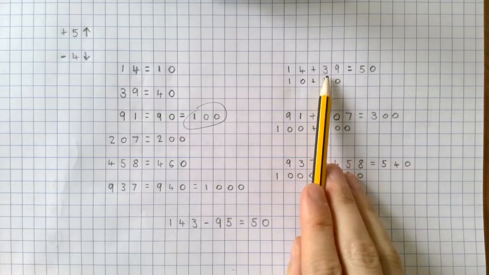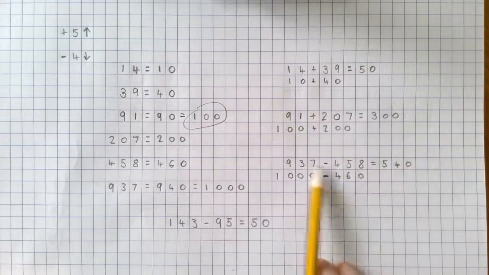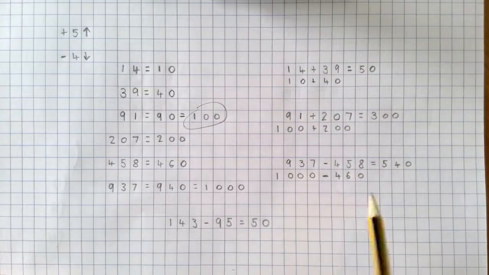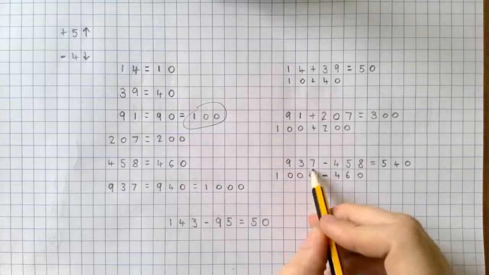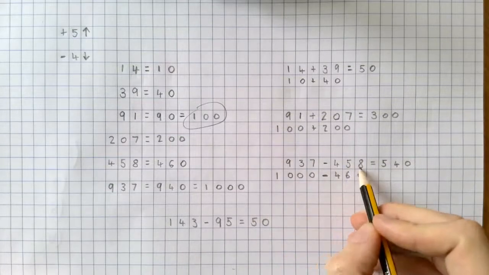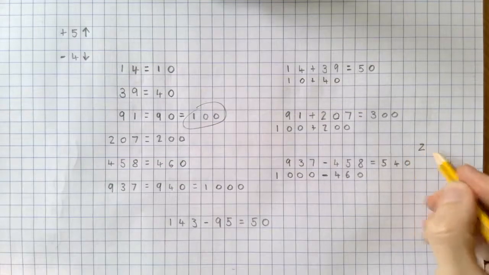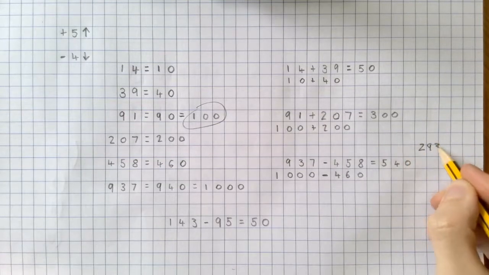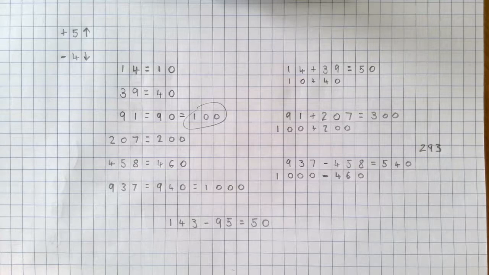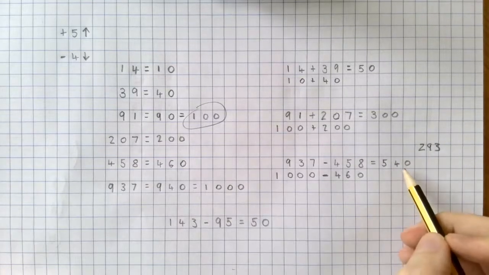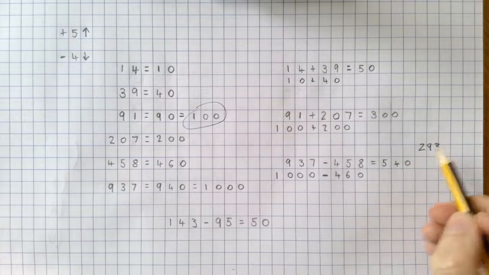So if I've taken this bottom question here, and I've actually done 937 take away 458, and let's say for whatever reason I get 293 as an answer.